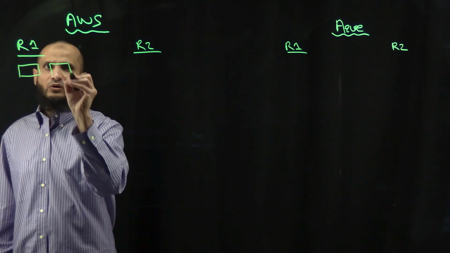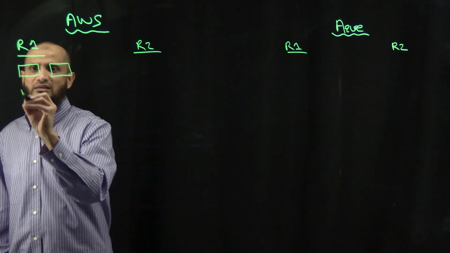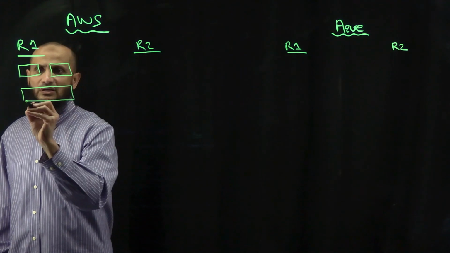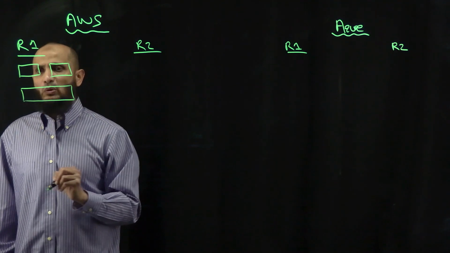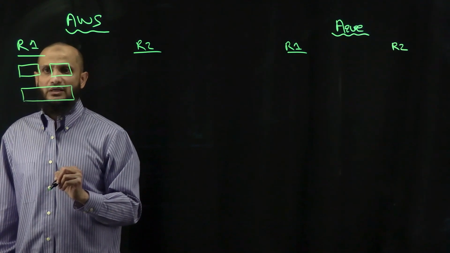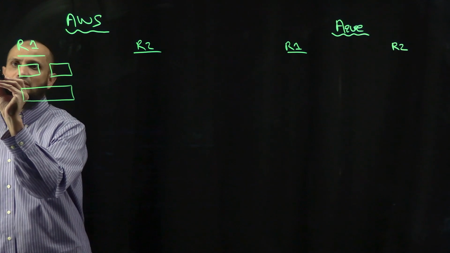Application VPCs are also called the spoke VPCs in the Aviatrix transit architecture. The top layer is the spoke layer, while the bottom layer is the transit layer. So let me write it down over here.